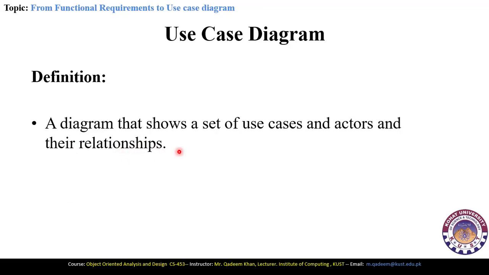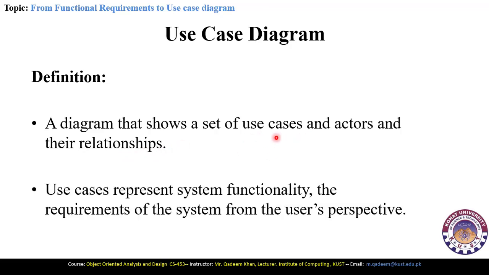So their relationship specifies which actor is responsible for using a certain use case. The use case diagram also shows the system functionalities, and each and every functionality of the system will be represented through a use case. So the requirements of the system from the user perspective are represented through the use case diagram.